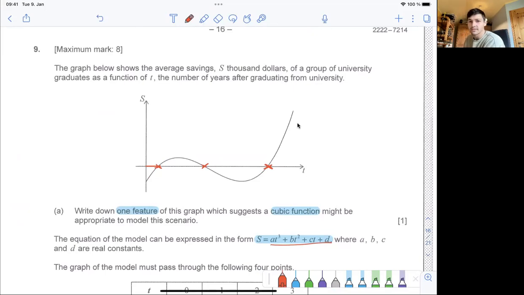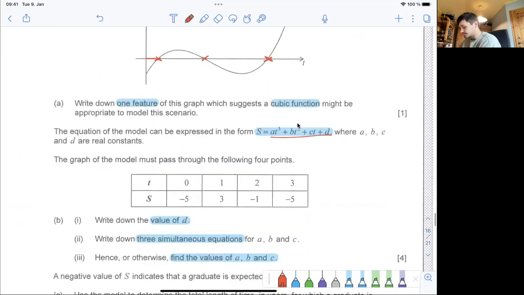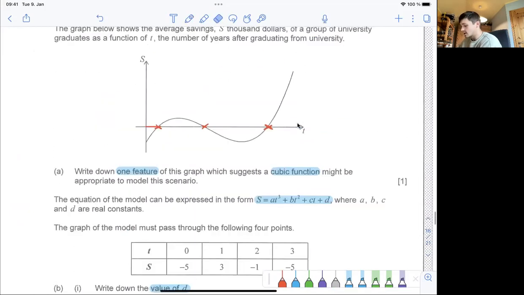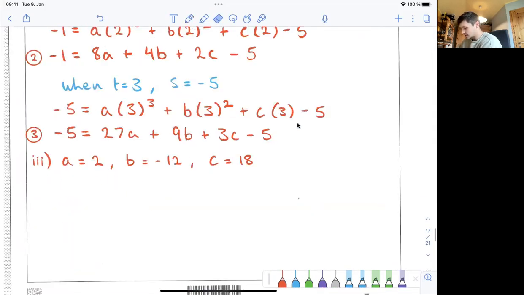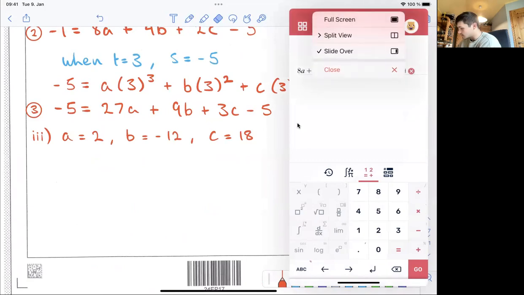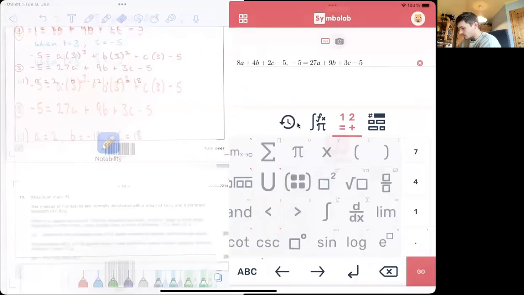So there's a bit of maths involved, but we will also have to graph this function in our calculators. You don't have to, but that would be the most efficient way. So let's go and do that. We'll bring our calculator back over, and I'll go into split view again.